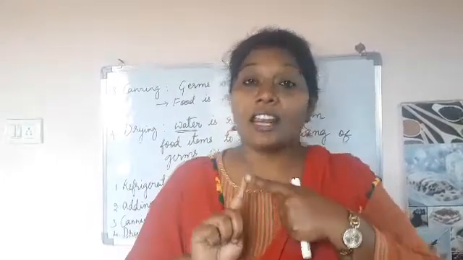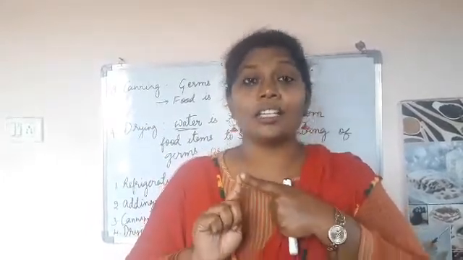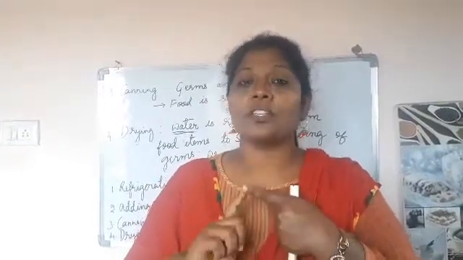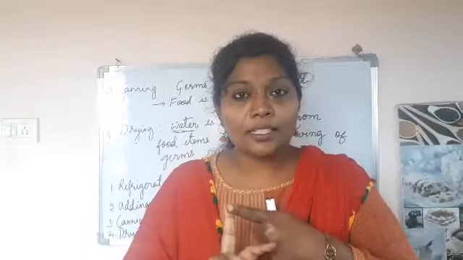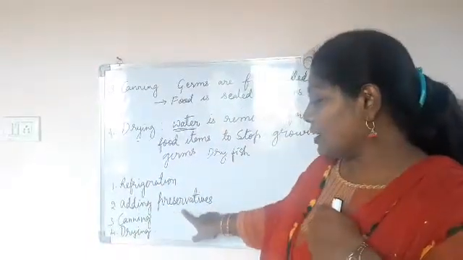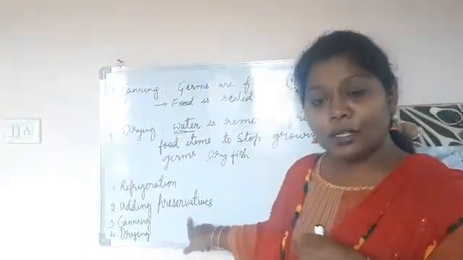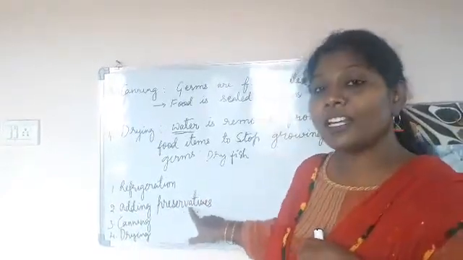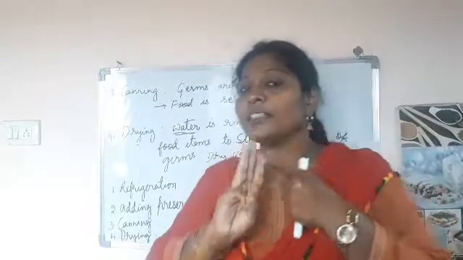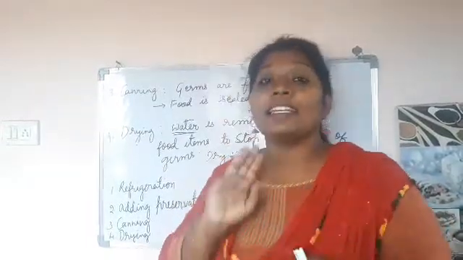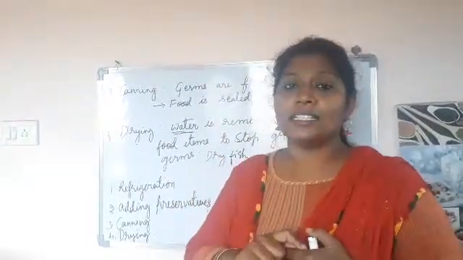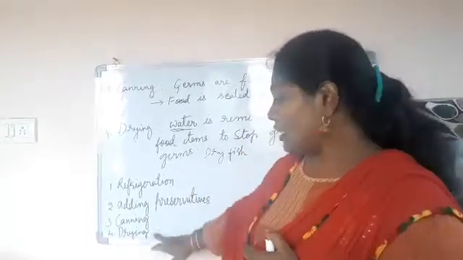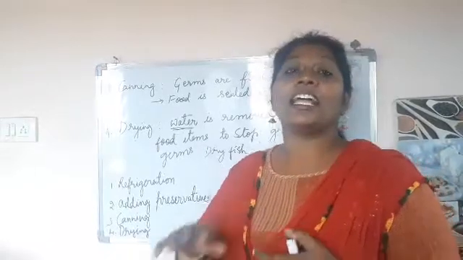First one, refrigeration. Repeat it, children. Refrigeration. What is the second method? Adding preservatives. Repeat it, children. Adding preservatives. Third method, canning. What is it, children? Canning. What is the fourth method?